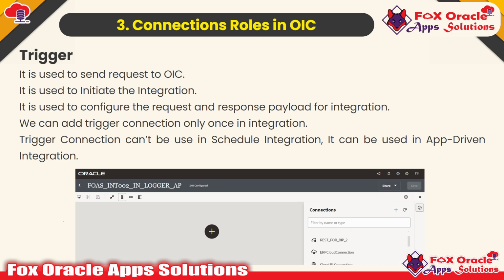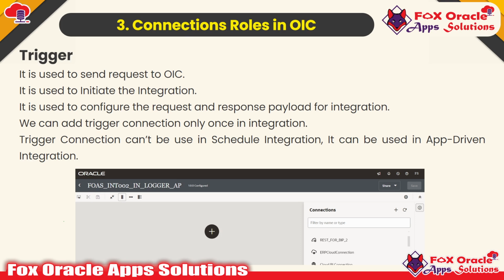Most of the time, we have a VBCS page or a third-party system with web pages, and from those web pages they want to execute our OIC. How will it be possible to execute our OIC from their system? Using app-driven integration, it's possible. While creating the app-driven integration, we will select the REST connection as the trigger endpoint, so that our integration will be exposed as a REST API.